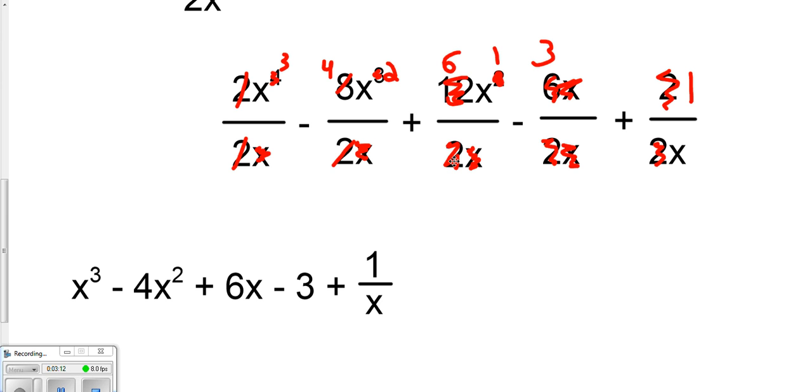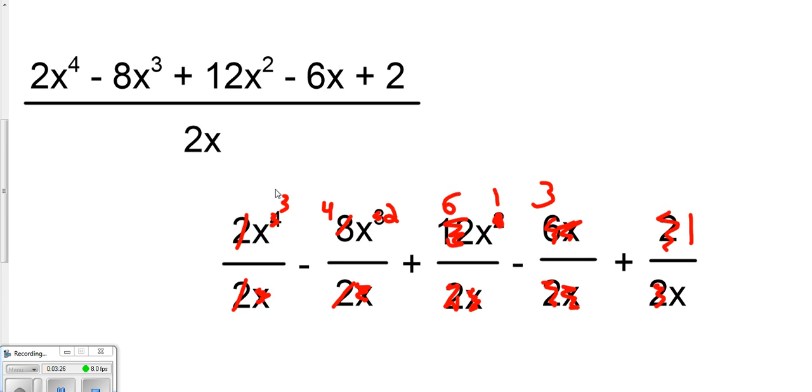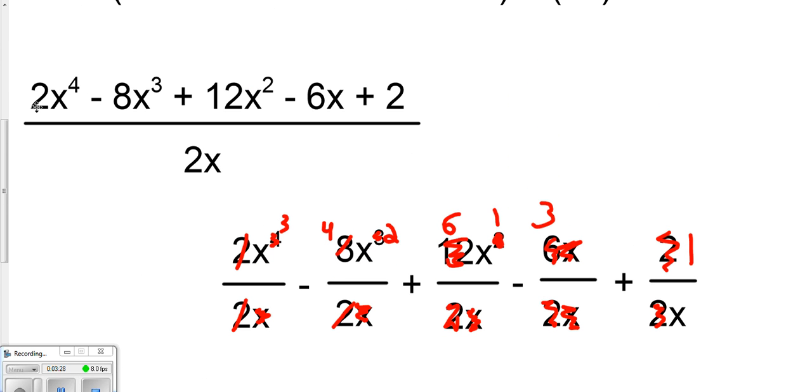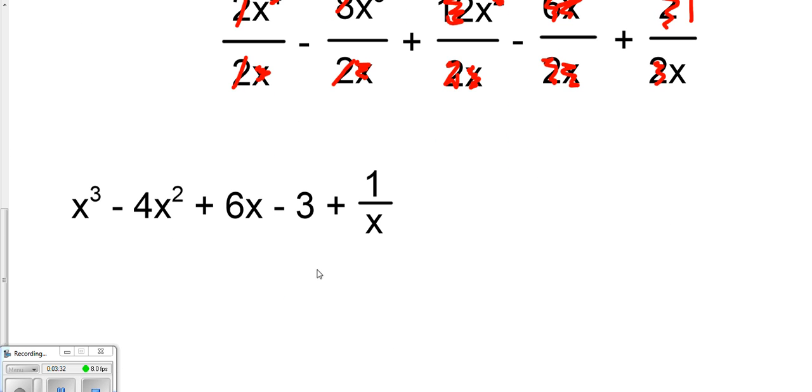Plus, again, this all canceled out, 6x to the 1, or just 6x, minus 3, and everything else canceled out, so minus 3, plus 1 over x. So again, this polynomial divided by this monomial left this. This is what we ended up with in the end.